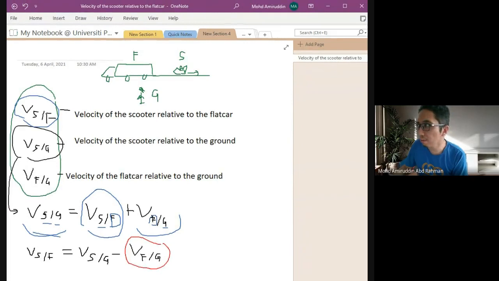So the first information that we have is that the flat car is traveling at 13 meters per second relative to an observer.